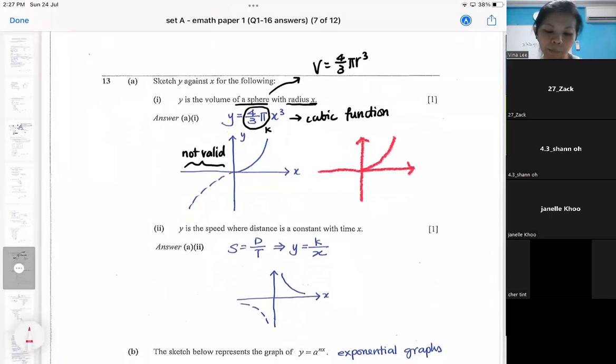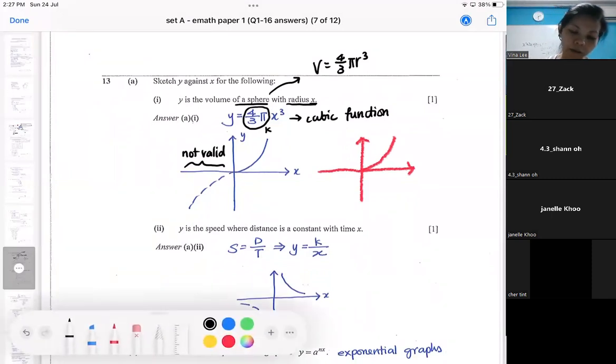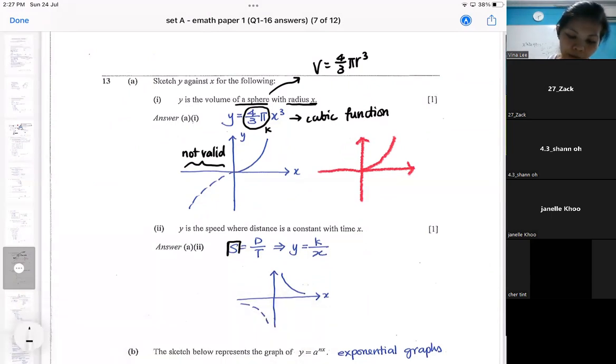The second part is the speed, distance, and time. You should formulate the speed formula and put in the speed here. The distance is a constant. The time is x. Can you see, I wrote down the speed formula.